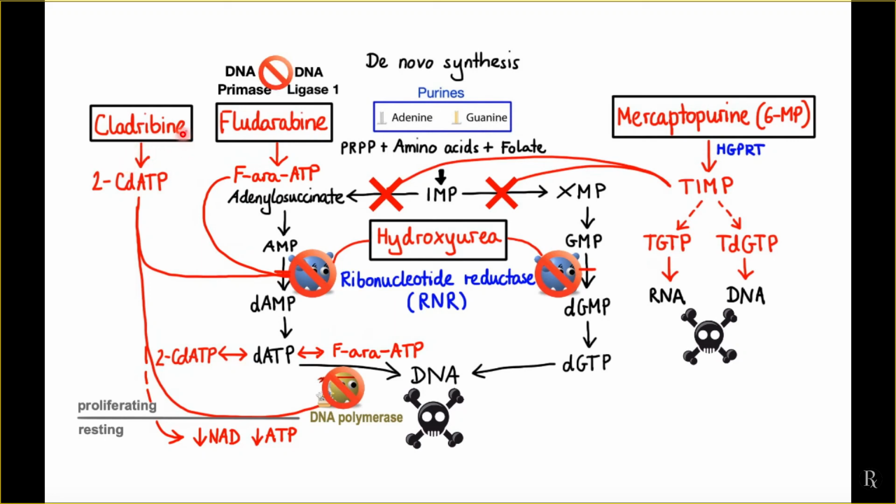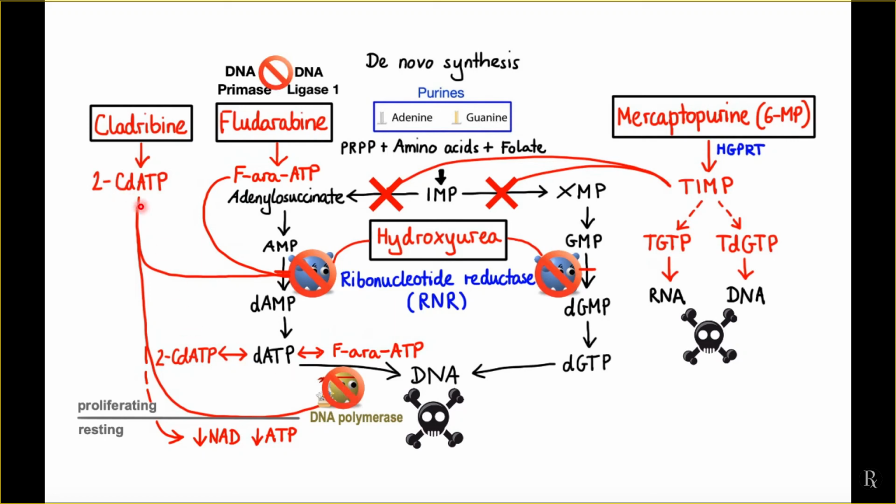And cladribine is also converted to the 2-cladribine ATP, and that will block both the ribonucleotide reductase and also DNA polymerase.